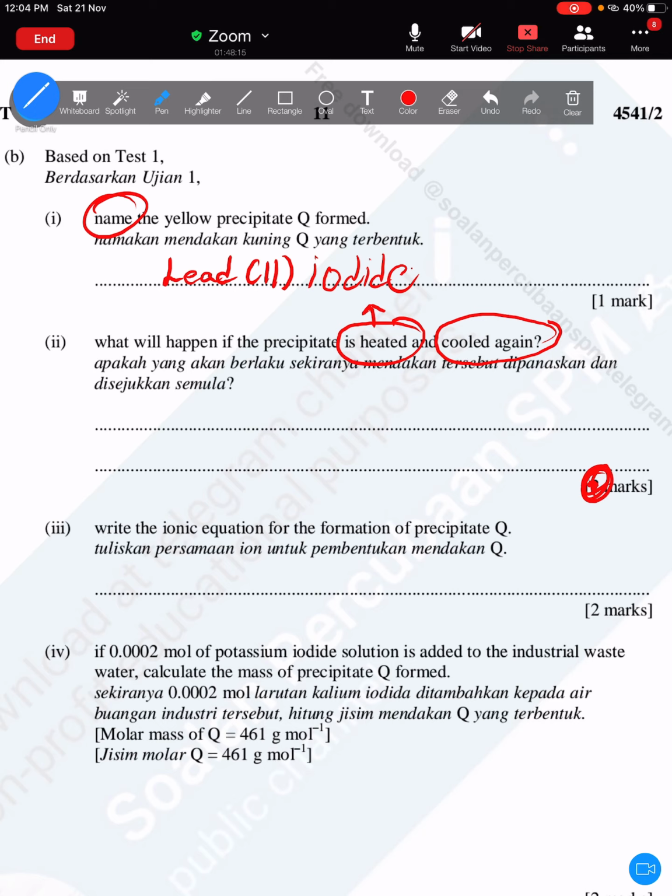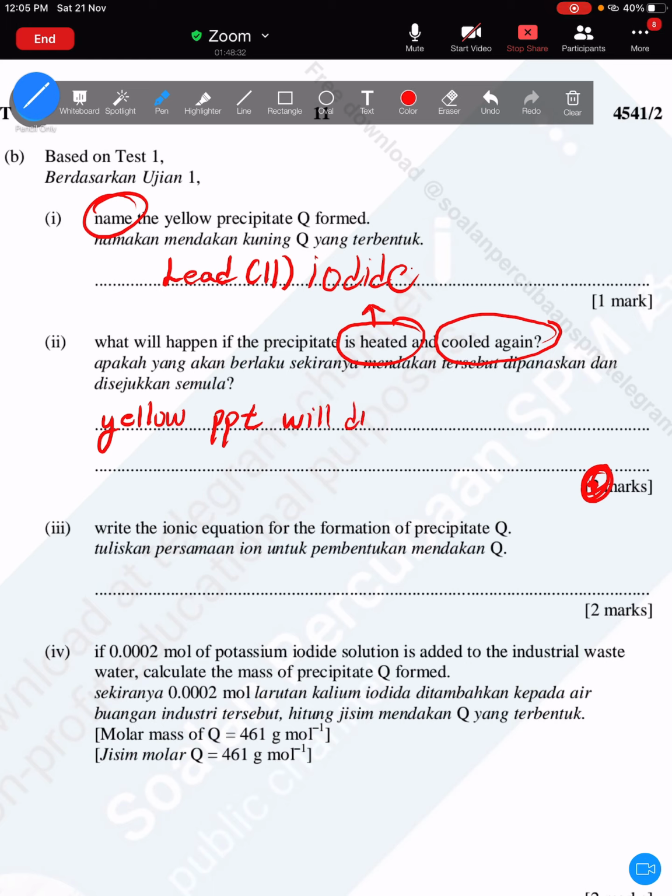Plumbum 2 iodida. So, yellow precipitate. PPT stands for precipitate, I use the short form, but you don't use the short form.